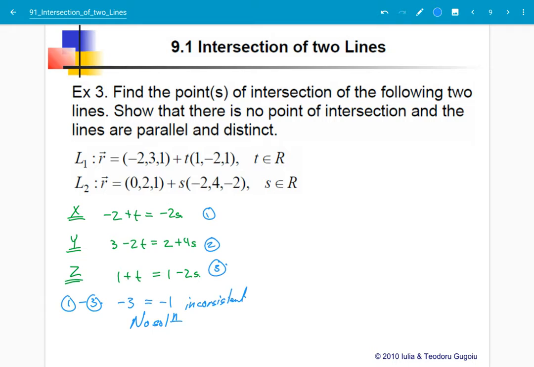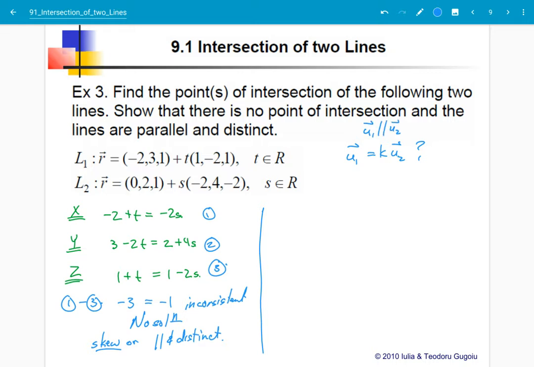So the geometry could either be skew or parallel and distinct. Okay, those are the two possible geometries I'm faced with here. So the note said do cross product. I'm not a big fan. I would rather check if there is a parallel in the direction vectors. Is this true, right? I'm checking if the vectors are parallel, the lines are parallel.